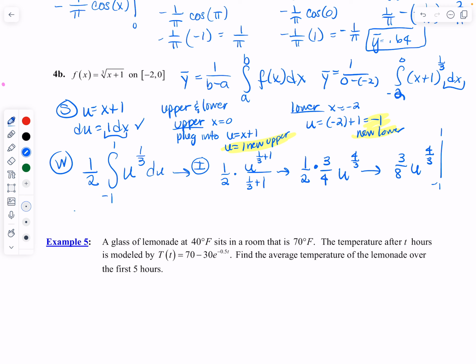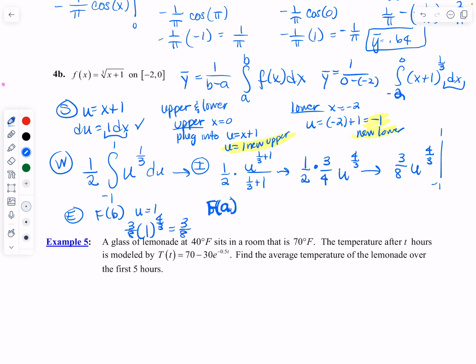Okay, now evaluate. So I need f at b. Remember that u is equal to 1. So I'm going to plug this into this formula. 3/8 times 1 to the 4/3 power. This equals 3/8. Done. F at a.